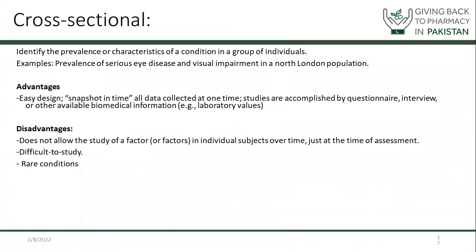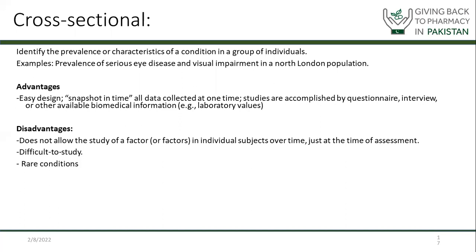Then we have another class, which is cross-sectional. Cross-sectional is like if I want to know how many COVID positive patients there are right now in the UAE, and how many in Pakistan, then I can identify the prevalence or characteristics of a condition in a group of individuals.